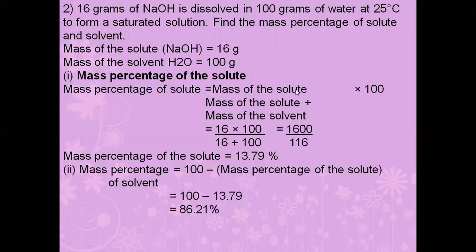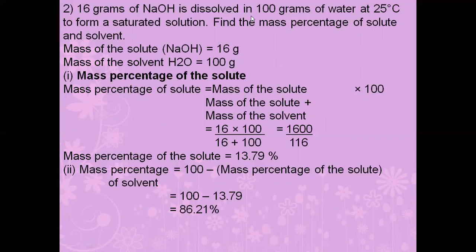So the next one. 16 gram of sodium hydroxide is dissolved in 100 gram of water at 25 degrees Celsius to form a saturated solution. Find the mass percentage of the solute and solvent.